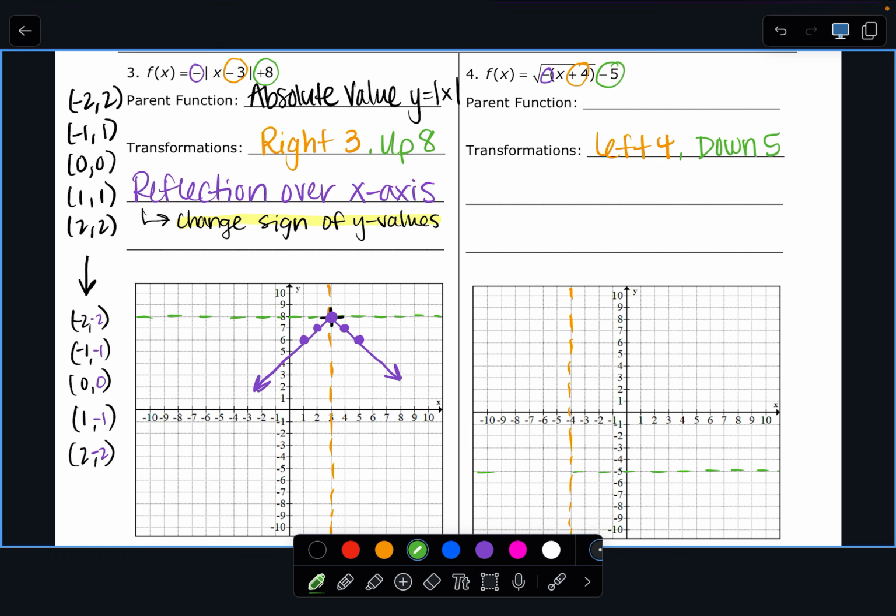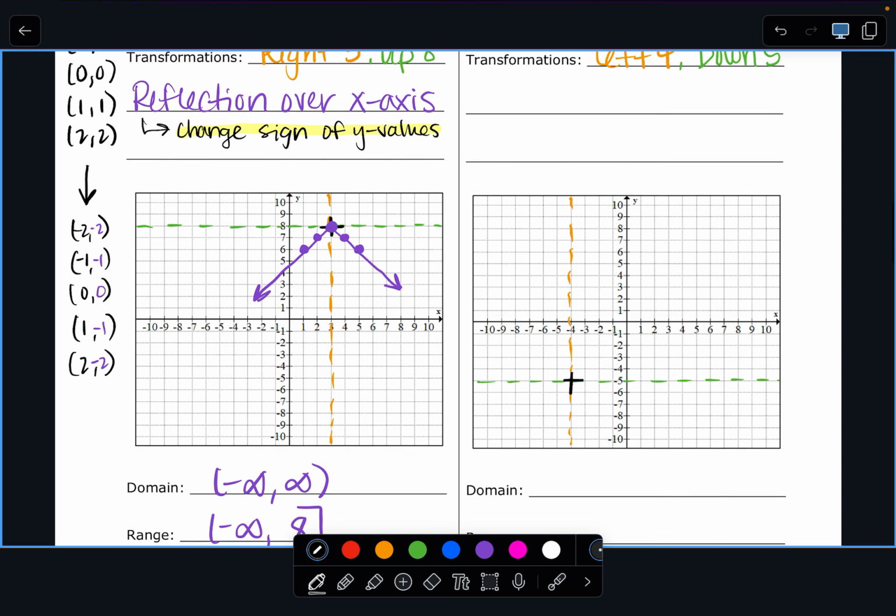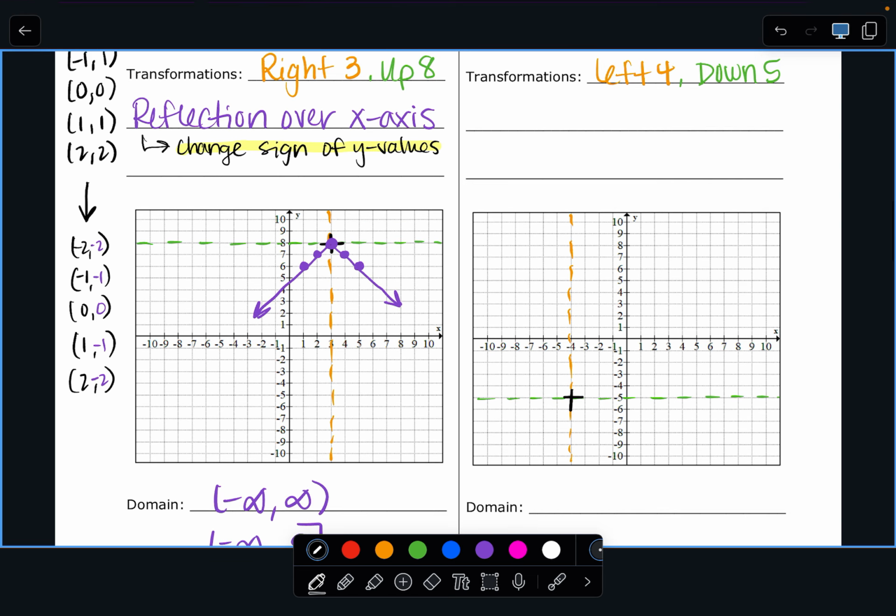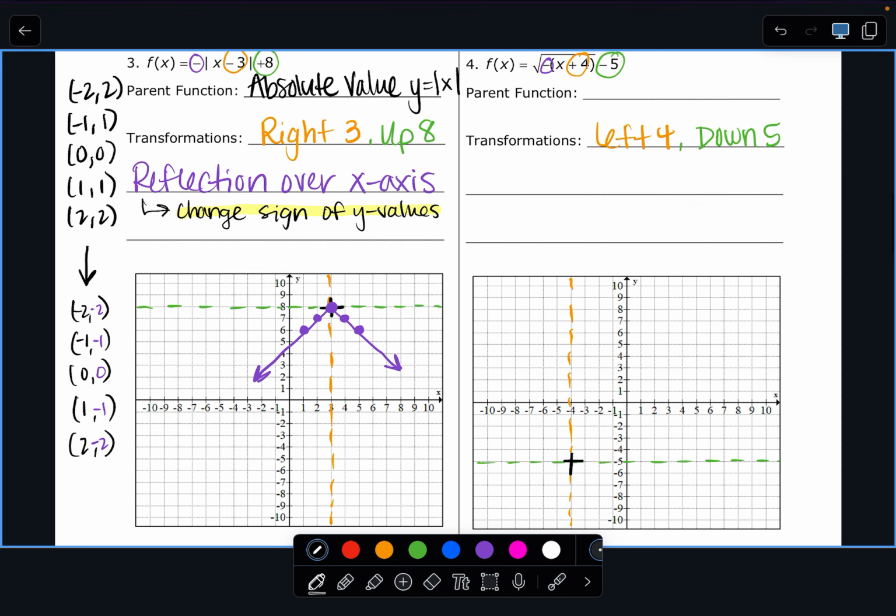And this intersection is going to be treated like it's our new 0, 0. So once I have this, what is the parent function of this particular graph? Square root. So I'm going to have a square root. And the nice thing about square roots, we don't make you do 5 points. We only make you do 4. And that's why in the notes we didn't talk about a 5th point.